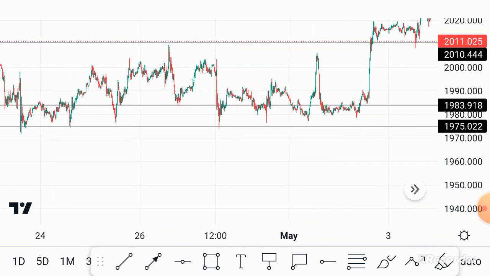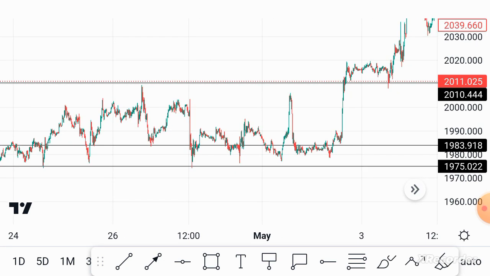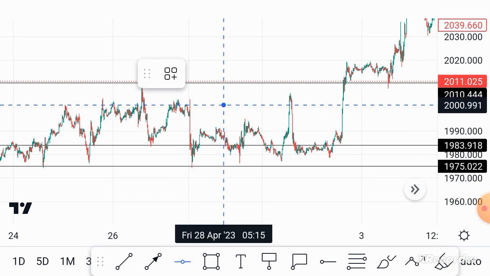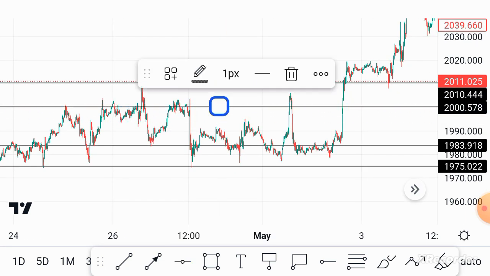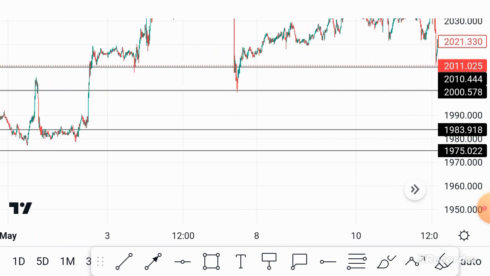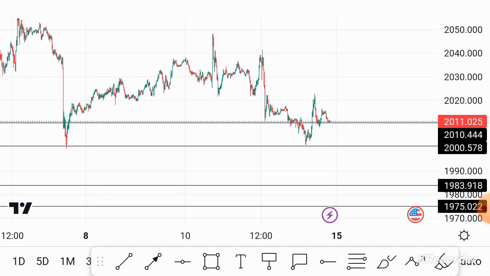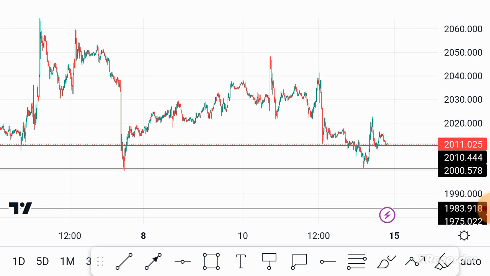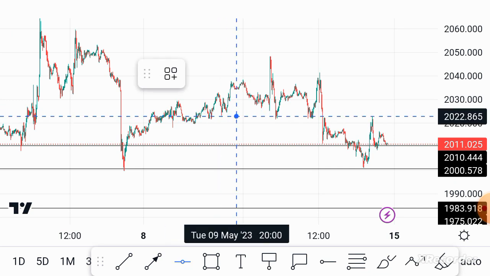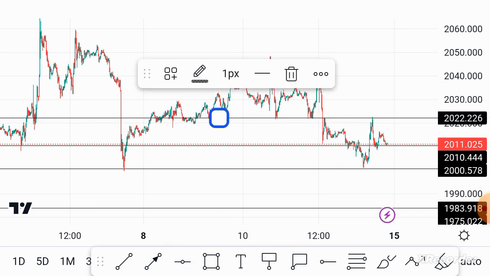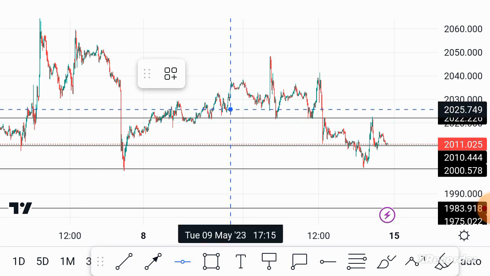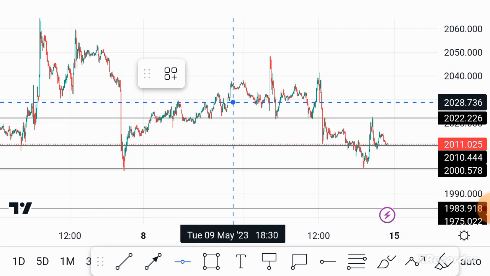We have a key level. I'm adding more. We have a key level here. Let me add one more. We have one right here. I could see one again. We have one here again.